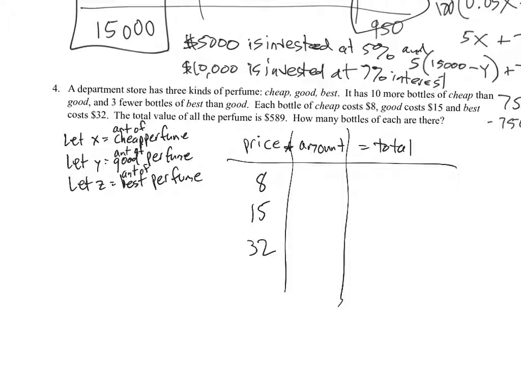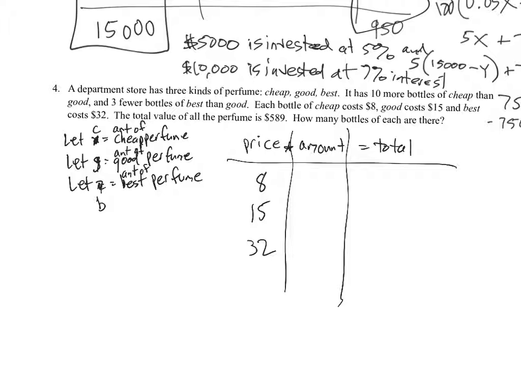The amounts of each are expressed in terms of good. So let's make G good, let's make C cheap, and let's make B for best, okay?